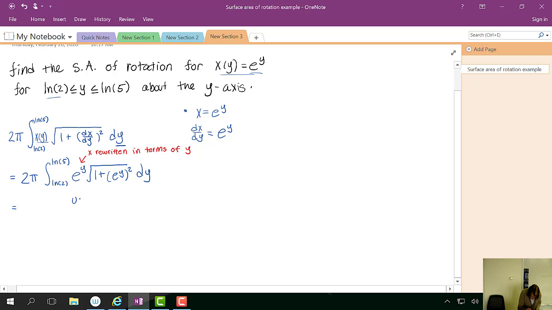This one we can actually start off with a u substitution, where we let u equal e to the y. If that's the case, what does du equal? Right, e to the y dy. And if we rearrange that, we get dy equals du over e to the y.